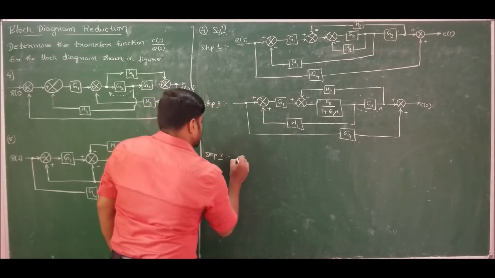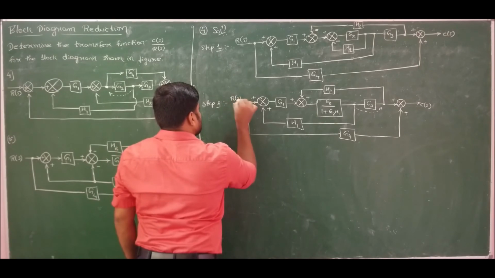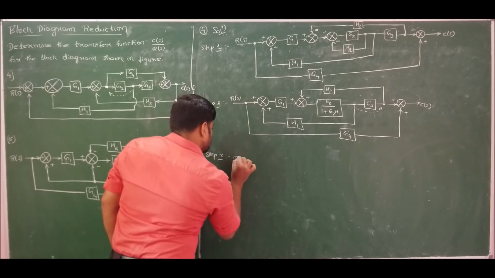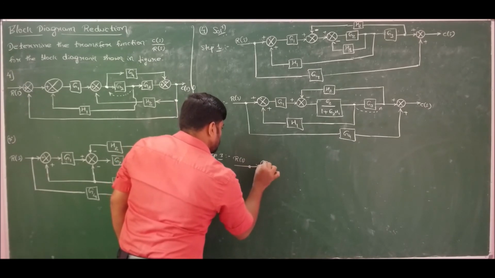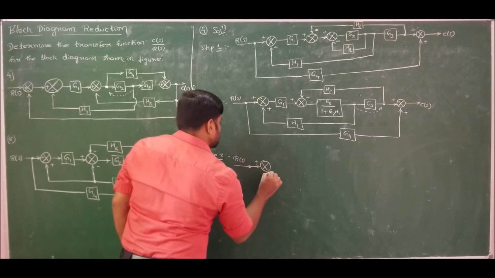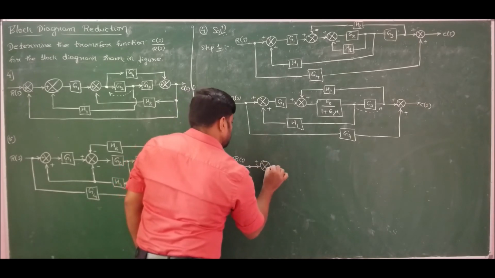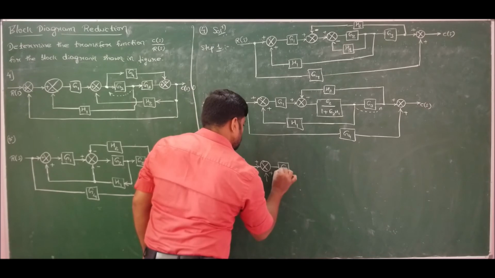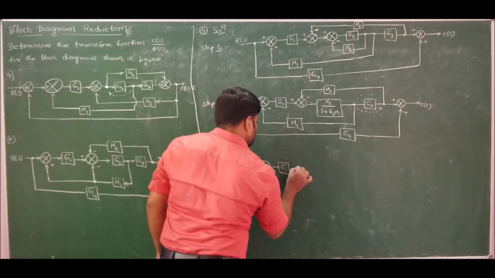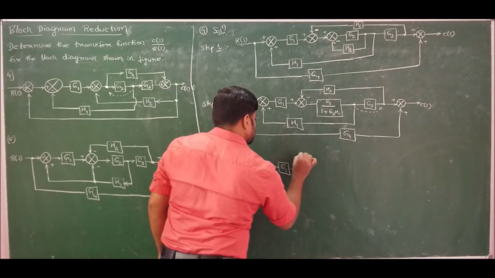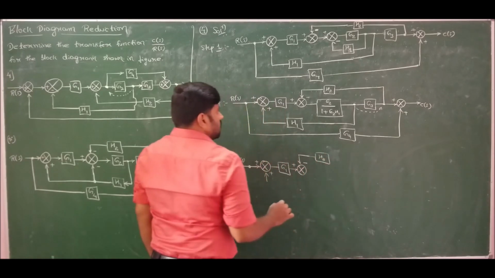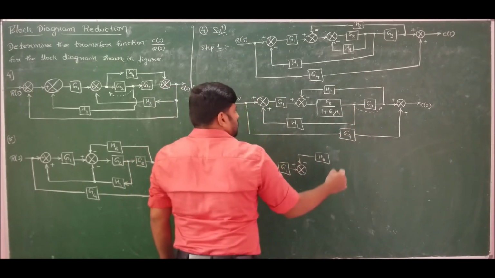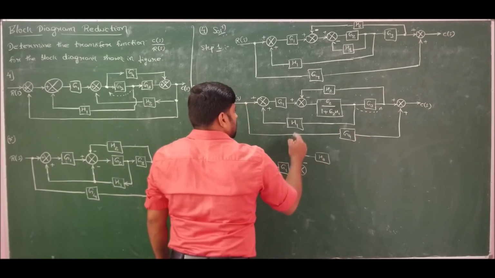If I shift and interchange, I will get R of S, we have a takeoff and a summing point, plus, we have G1, plus minus H2. So I am shifting this one, so therefore 1 by G3 should be added to this H1 feedback.